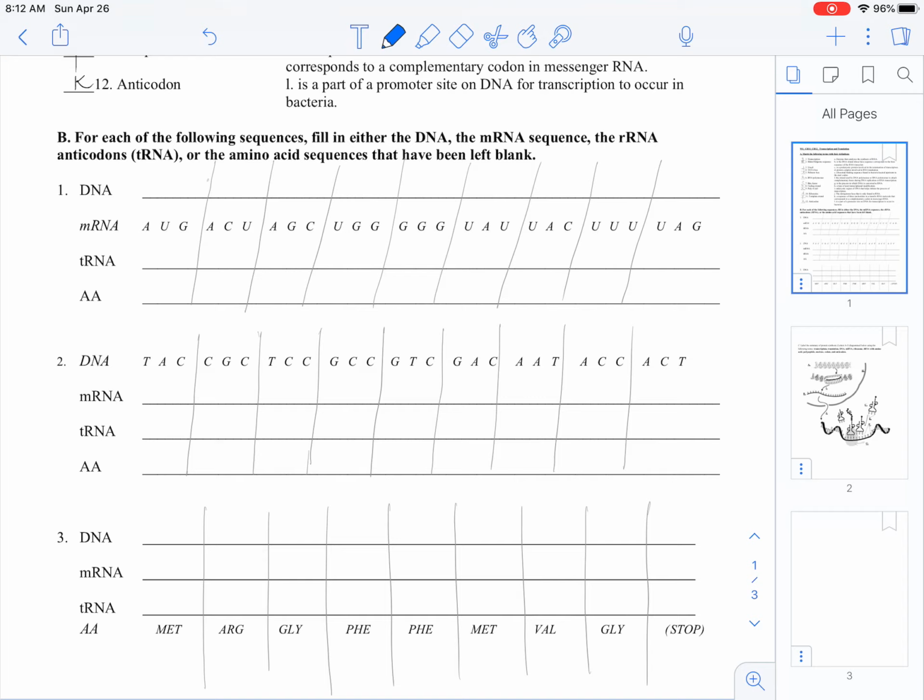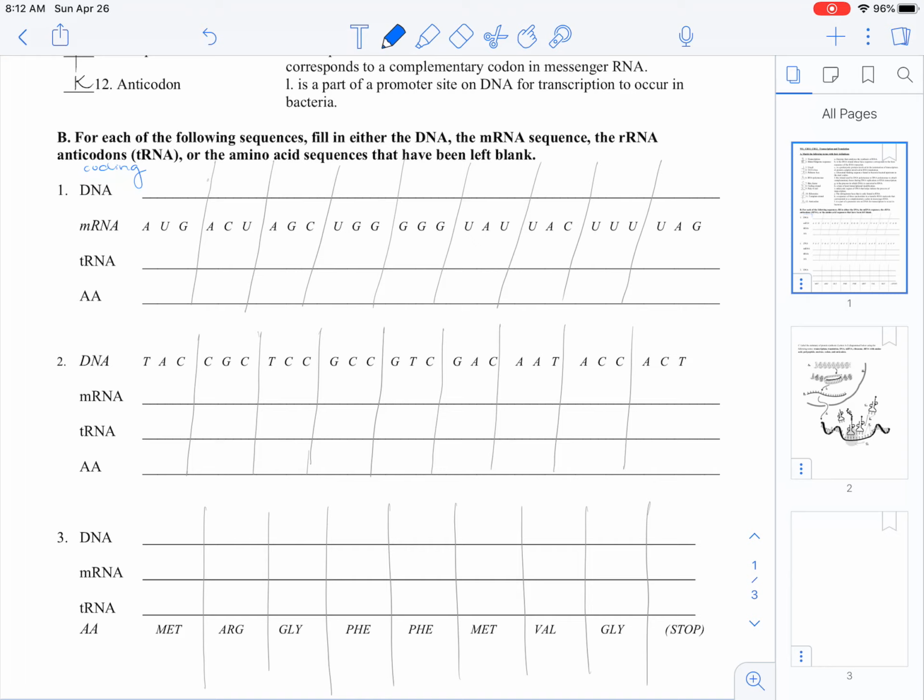So, if you are given the mRNA, the easiest thing to do is to write the coding strand. Because the coding strand is going to be pretty much the same sequence as the mRNA, it's just that the U's are going to be replaced by T's.